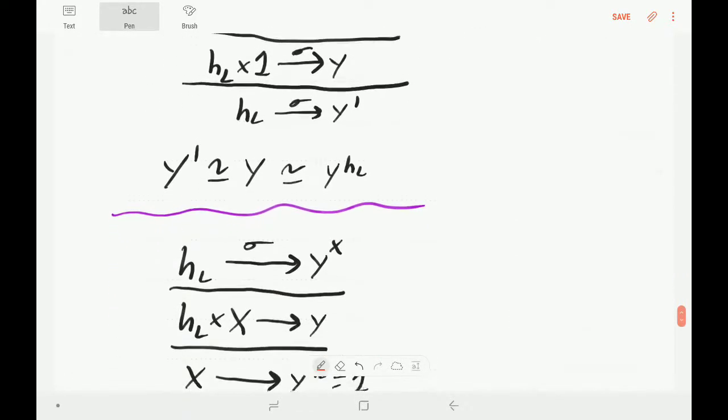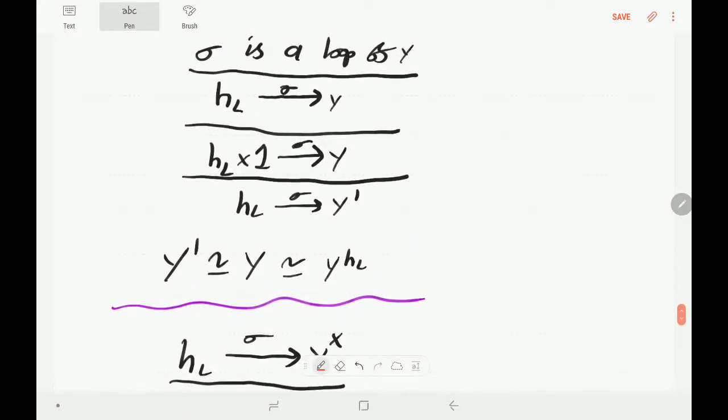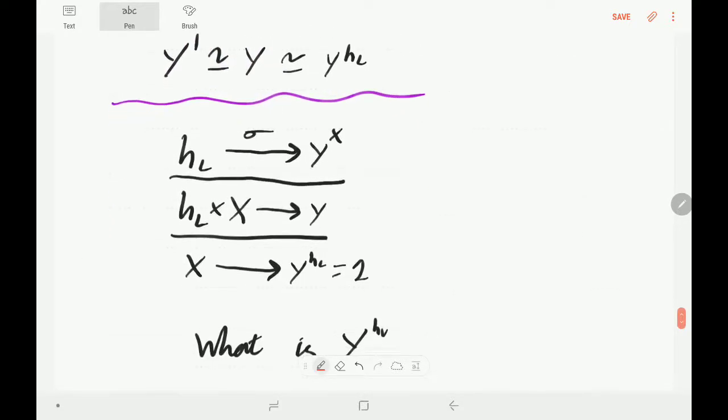So I believe that, of course, y to the power of a loop represents the loops in y. I mean, the dots of it are representing loops in y, and it's isomorphic to y, of course it is.